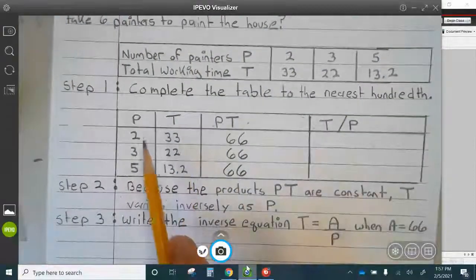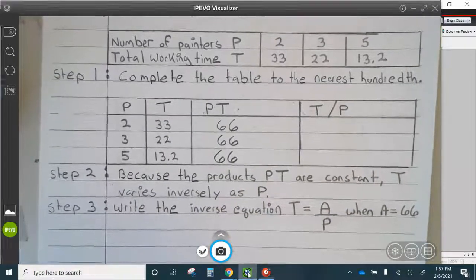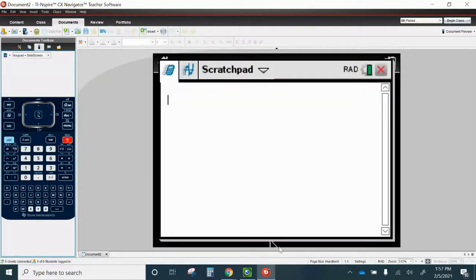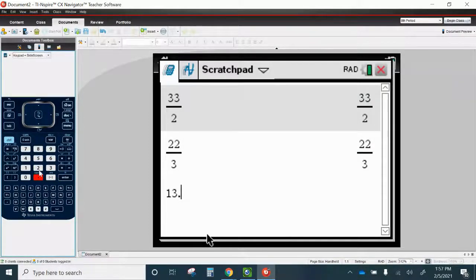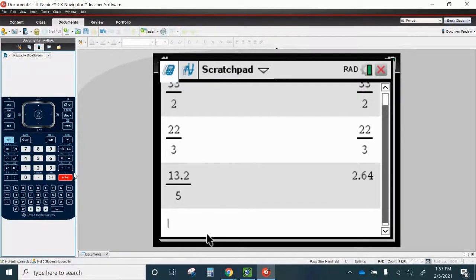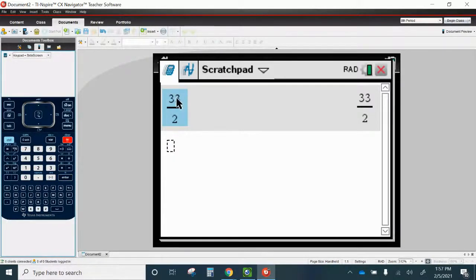Now we need to do 33 divided by 2. Okay, so we're going to do 33 divided by 2. We're going to do 22 divided by 3. And then 13.2 divided by 5. Now, the problem here is we have fractions, so what I need to do is go back here, and I'm going to put in 33 divided by 2 and press Control Enter.